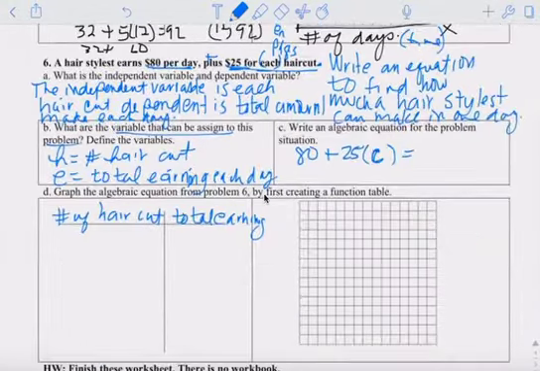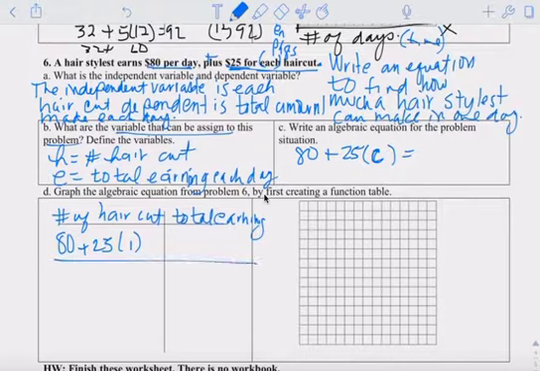Let's say you cut only one hair. They're going to pay you $80 anyway, plus the one haircut you made. So you make $105 for that day. It's pretty good earning, actually.